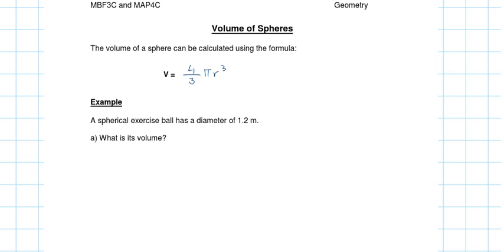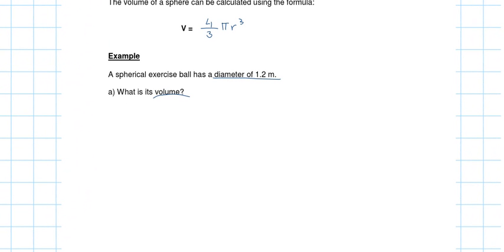A spherical exercise ball has a diameter of 1.2 meters. Find the volume. What do you do? Find the radius first. What's the radius? 0.6. Yes, you divide the diameter by 2, which is 0.6 meter.